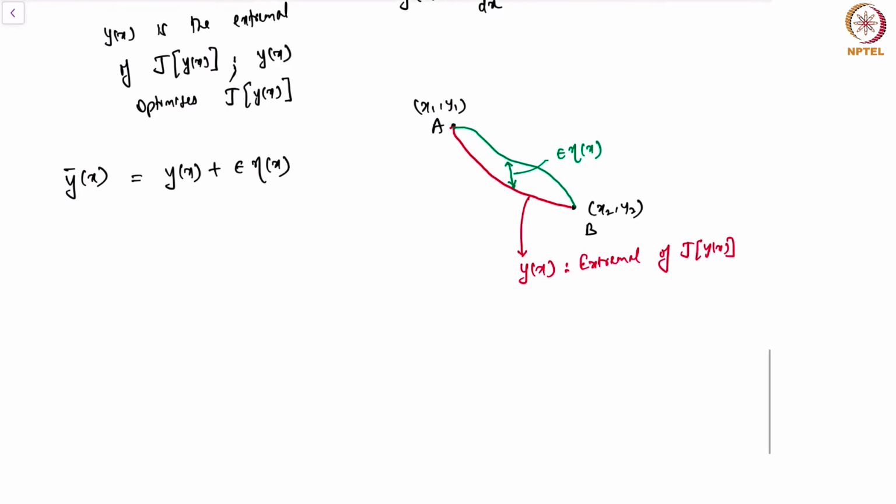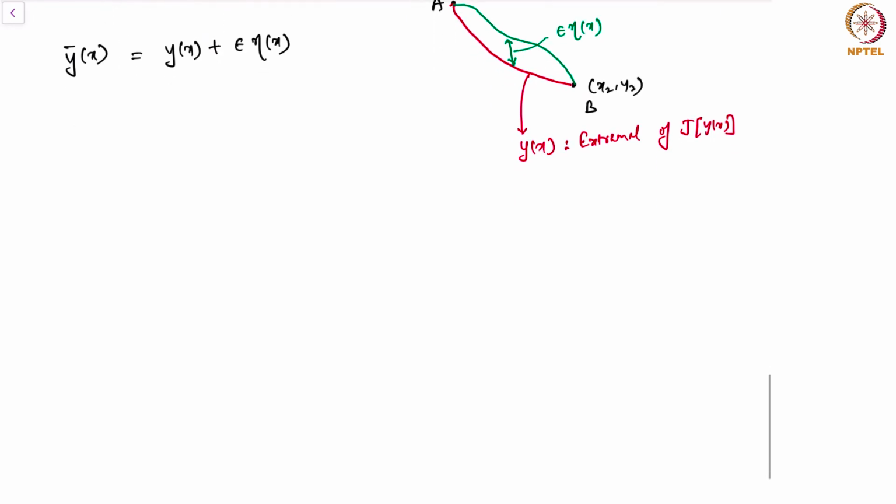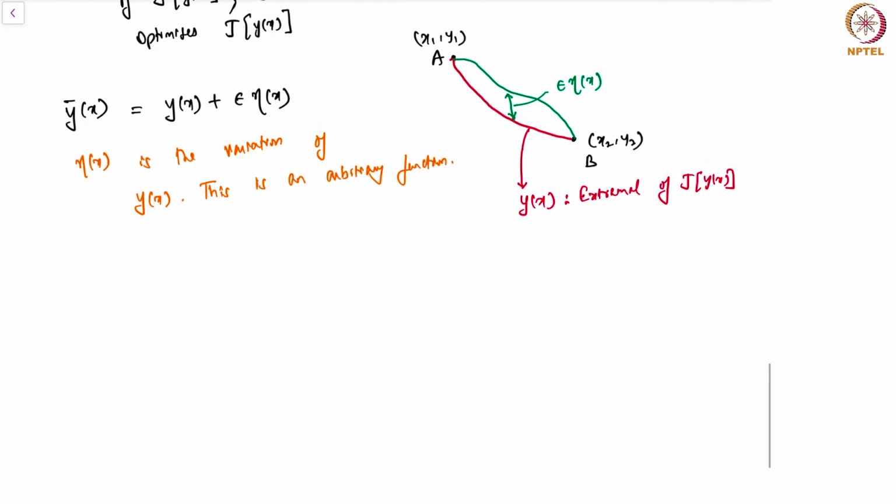Okay. Now we also want to ensure that this eta of x that we have described is the variation of y of x. It's an arbitrary function. And we also know that this eta of x should be chosen such that we start at A and we want to be at B. So A and B are fixed points for me.